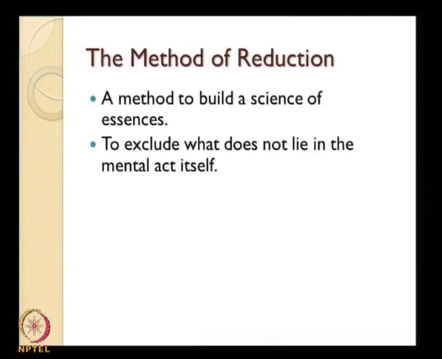When an object is given to us, or when we try to understand an object, or when we perceive an object, there are many things which we know about the object. All these things are not actually given in the mental act of knowing that object. So, what is it that knowing a particular object consists of?